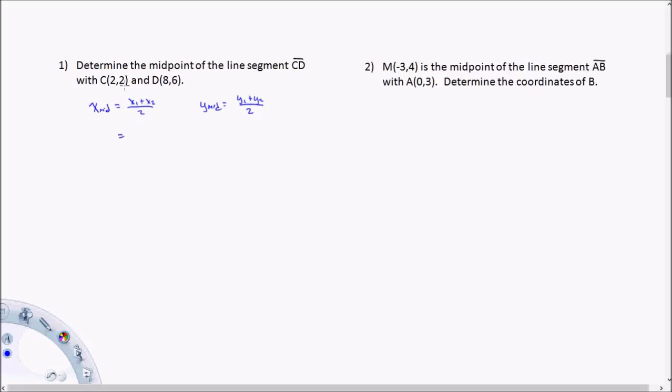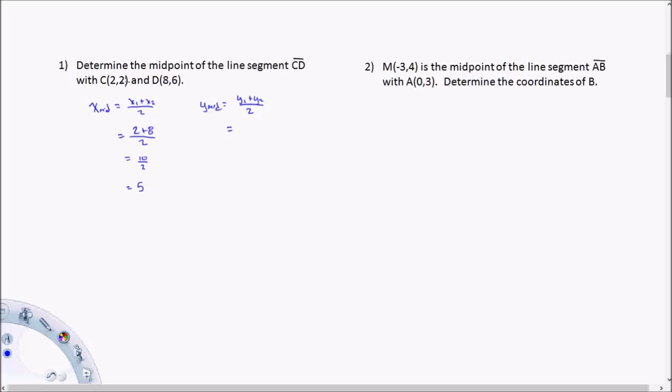So for example, if we called our C data point our first data point and D our second data point, then if D was negative here, we would sub in plus a negative number for x2 or y2. Anyway, so let's continue with this problem. So we have x1 and x2, so that would be 2 plus 8 over 2, which is equal to 10 over 2, which is equal to 5.